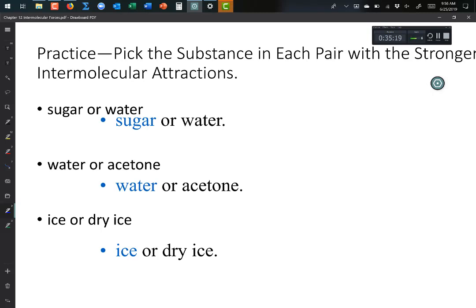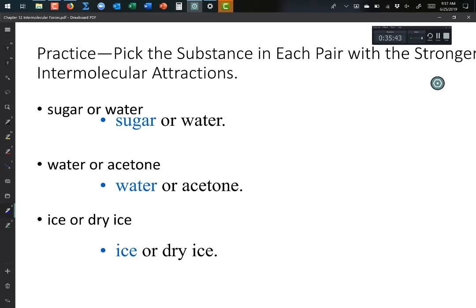Now you guys don't know about water and acetone probably. Do you know what acetone is? Nail polish remover. Like when my daughter does her fingernails in her room, guess how I know? I can smell it. Acetone is very volatile. It's toxic too, but not that bad.